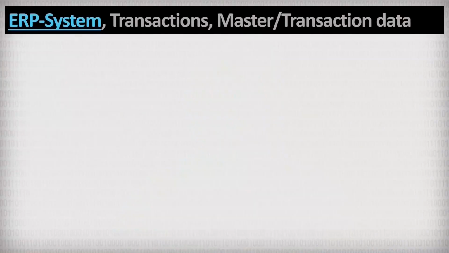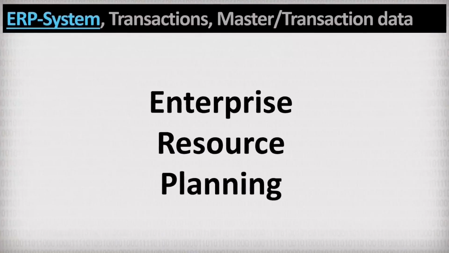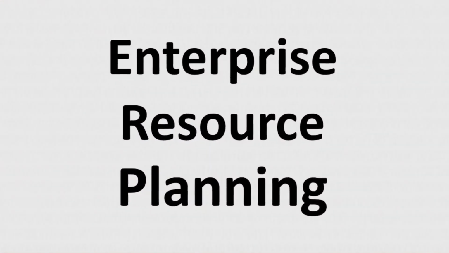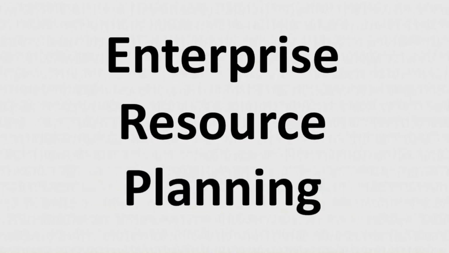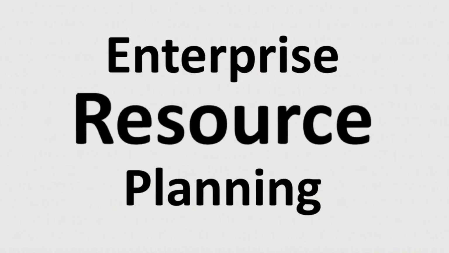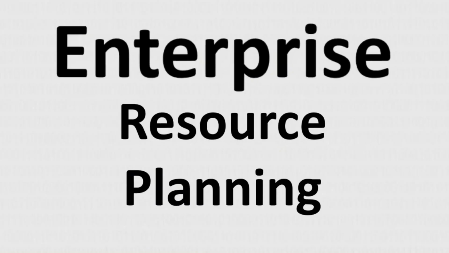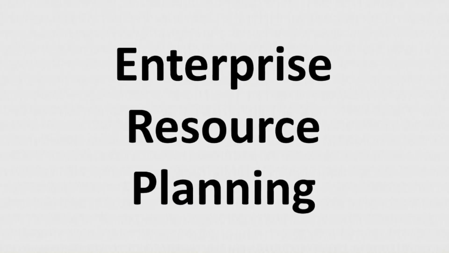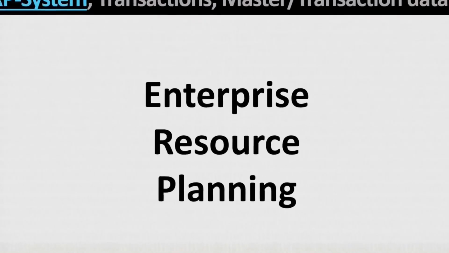ERP stands for Enterprise Resource Planning. Actually, it says everything. It's about managing or planning all the resources of a company holistically. All resources means all essential things that a company needs for its value creation.